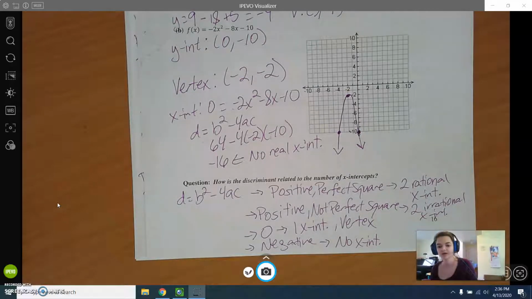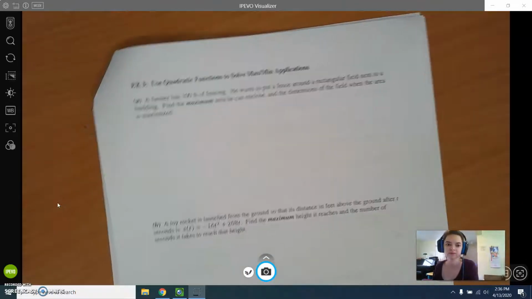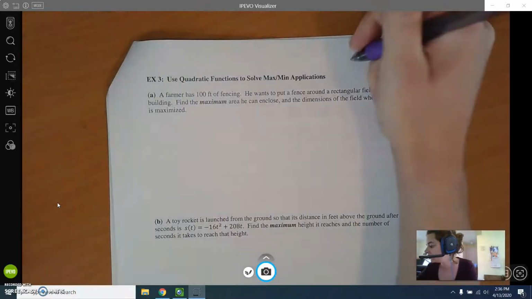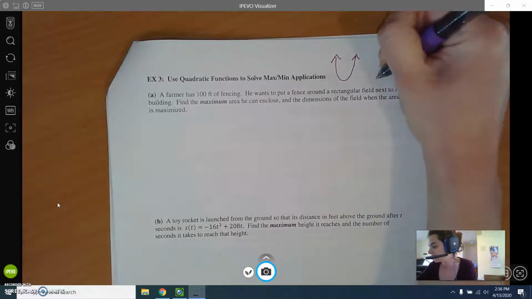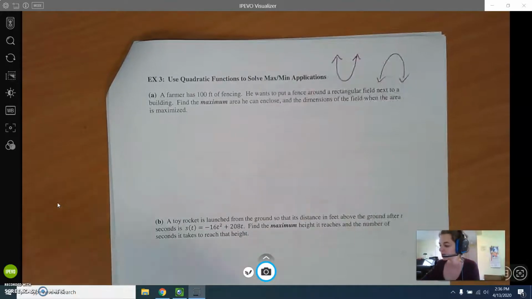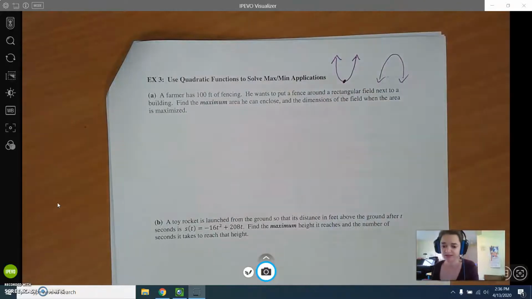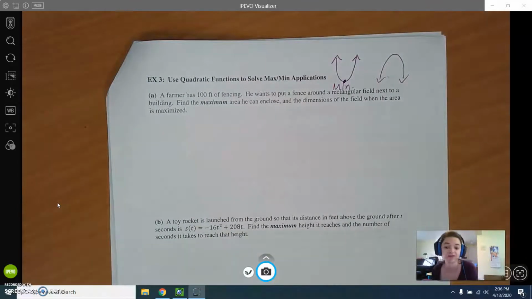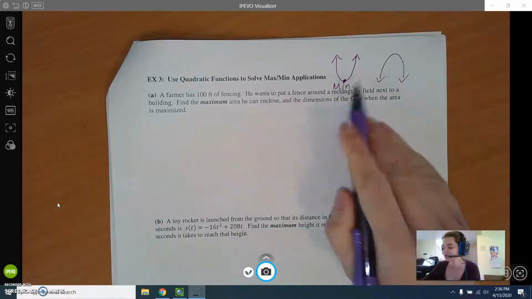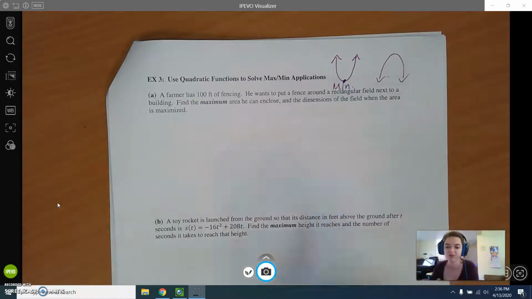The next thing we're going to look at is some application problems that use the vertex. Either you have a parabola that is going up, or you have a parabola that is upside down, right? If you have an upward shaped parabola like a U, the vertex is at the very, very bottom, so that vertex will represent a minimum of something. The x-coordinate will tell you where that minimum occurs, and the y-coordinate tells you what the minimum is.